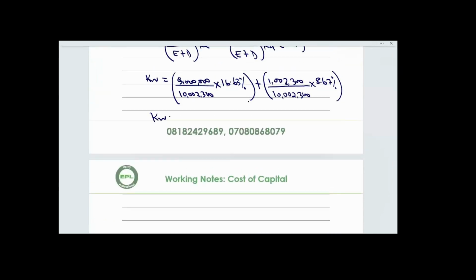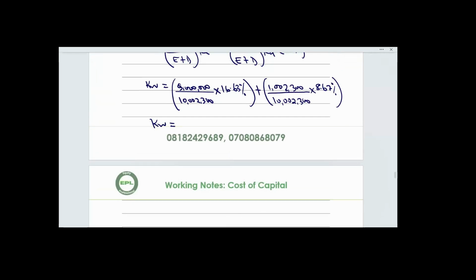So WACC is equal to, let's use the calculator to do this once and for all.